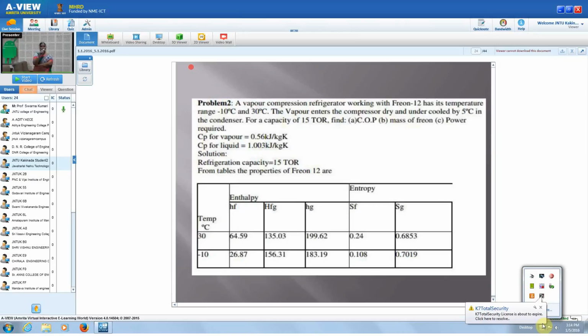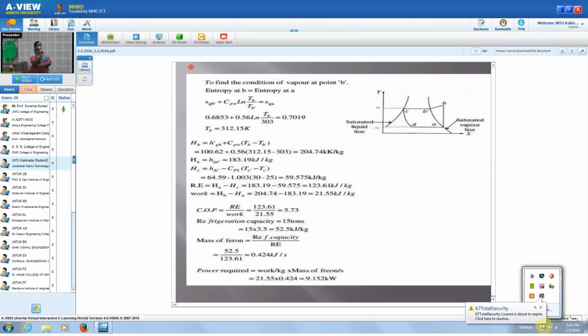Then find out the value of H2. For finding H2, first you have to find out T2, that is the superheating temperature. For that you equate the entropies. The entropy at A, that is at minus 10 degrees centigrade, Sg value is 0.701.